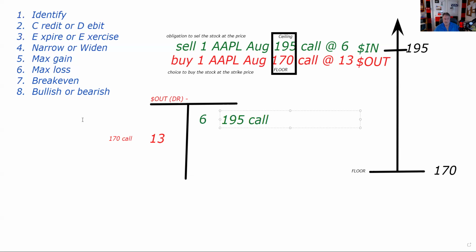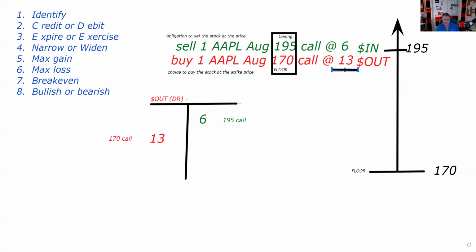But I have lowered my out-of-pocket cost from 13 to 7. That is the net. And it's much easier for Apple to go up 7 than it is for Apple to go up 13. So in a debit spread, what I've done is lower my out-of-pocket cost, not testable.